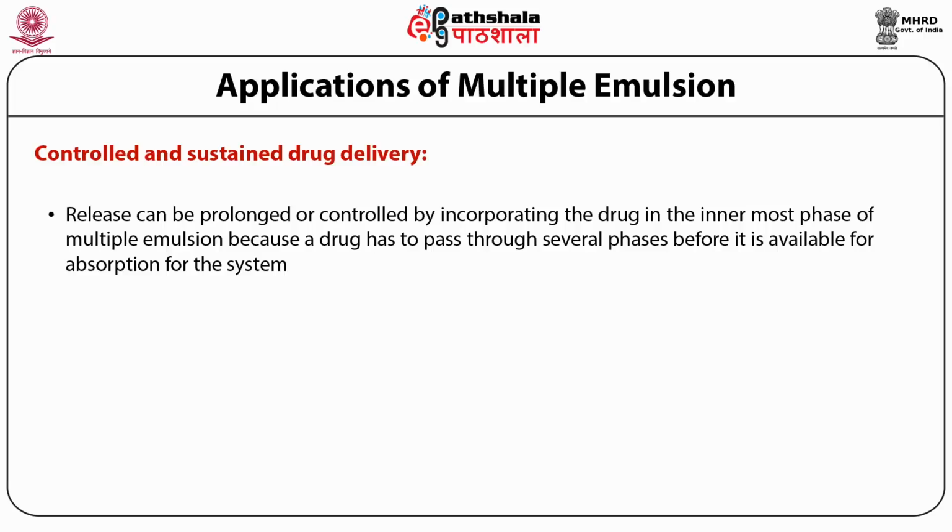But water in oil in water emulsion systems are suitable drug carriers because they have the capability to encapsulate a large number of drug molecules in the internal aqueous phase and produce low viscosity due to the external water phase. For the application of water in oil in water emulsion as a drug delivery system, it is important to prepare a very stable emulsion in which countless submicron water droplets are encapsulated.